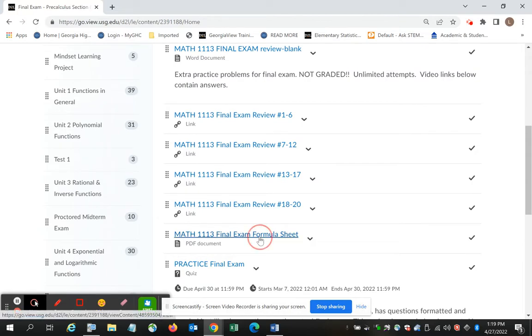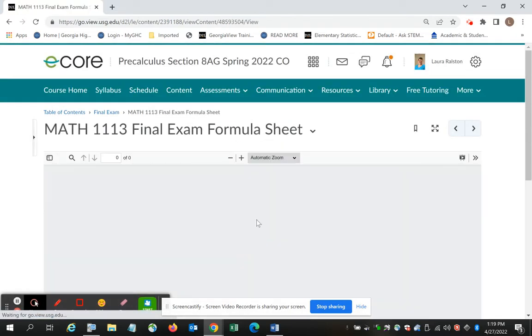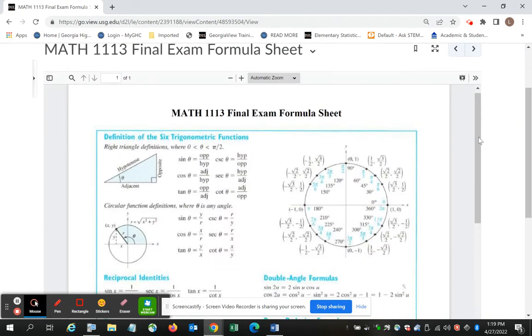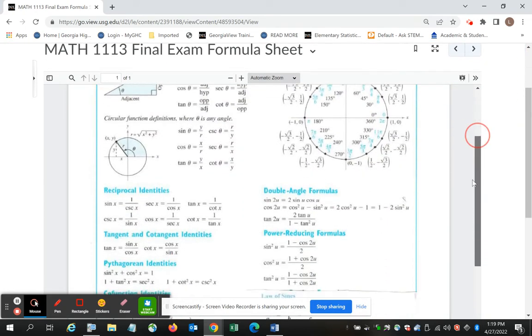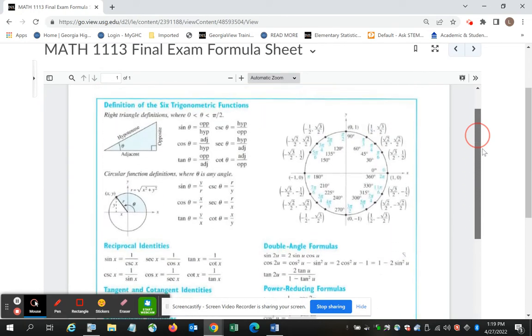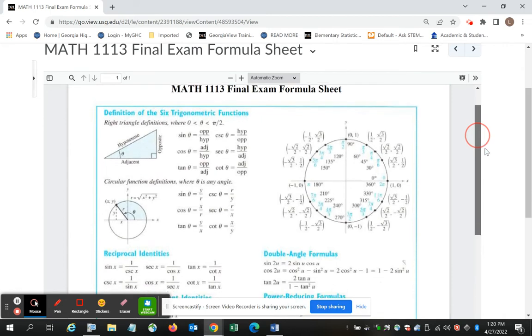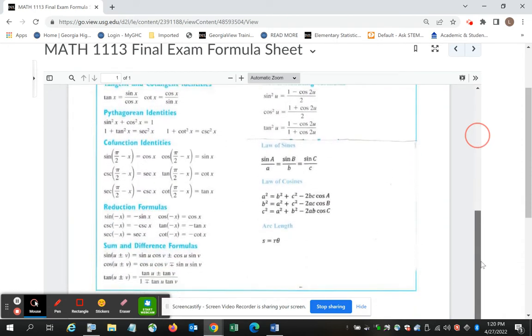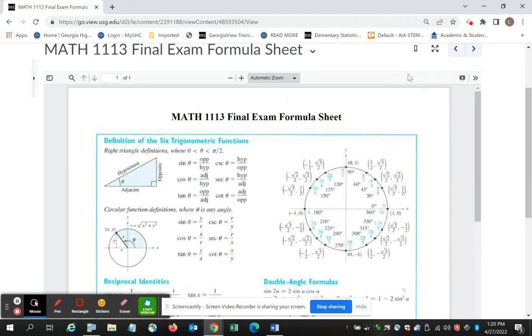On this formula sheet, as well as at the beginning of the practice exam, you'll see all of the various formulas that you'll have access to during the exam, including your trigonometric functions, your double angle, your power reducing, and so forth.